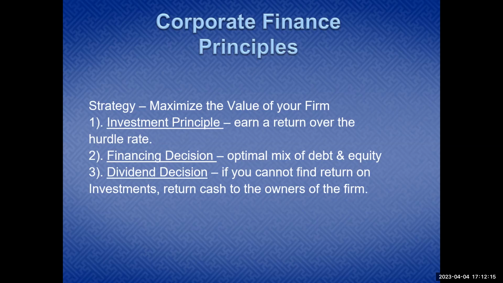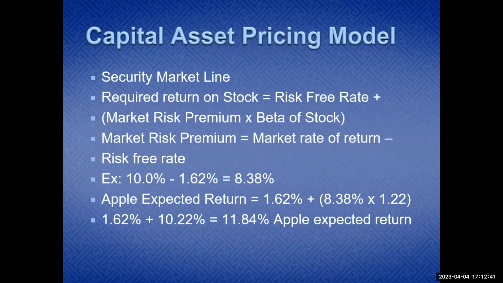How do you get the return to your investors? Do you pay them dividends? Do you give them stocks? Naturally, you pay the interest and the principal on the debt. How do you return that return to the owners of the business? That is a whole other discussion that we'll talk about throughout this class. Those are the main strategies that corporations use to maximize the value of a firm.